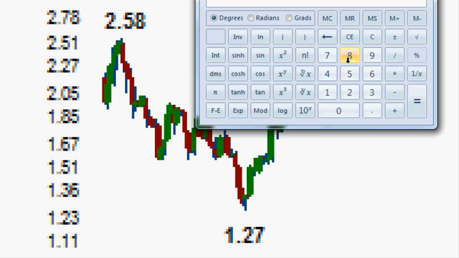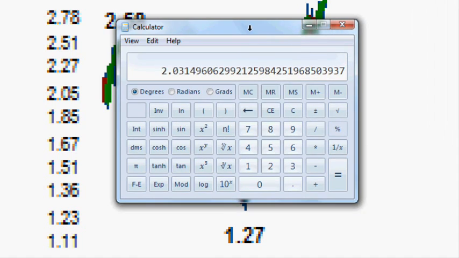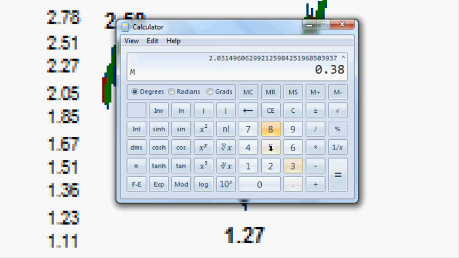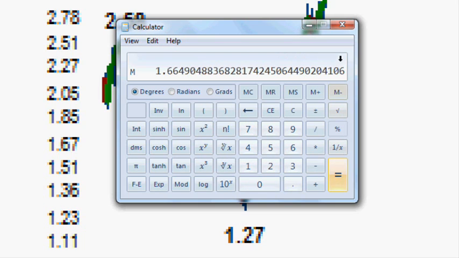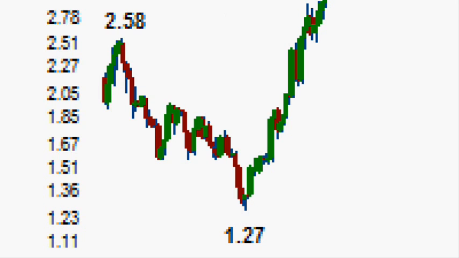Therefore, if we take this number and divide it by 1.27, we get the difference, which is a little over 2. If we take this 2 now and put it to the power of 38.2%, multiply by the $1.27, that would give us a number roughly around $1.66, which would be pretty much right in here.